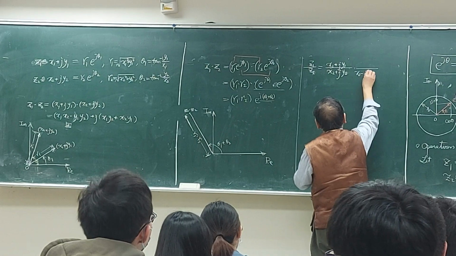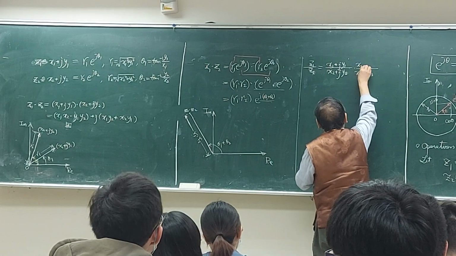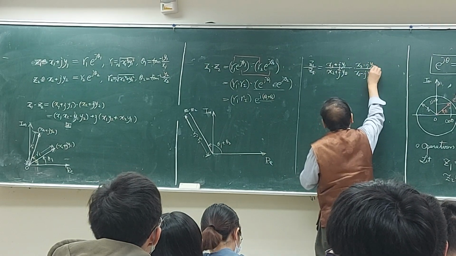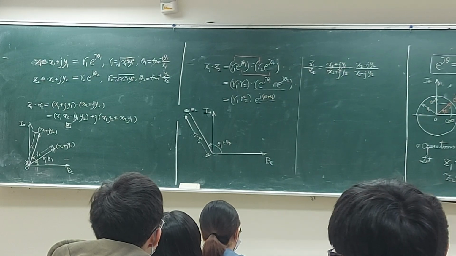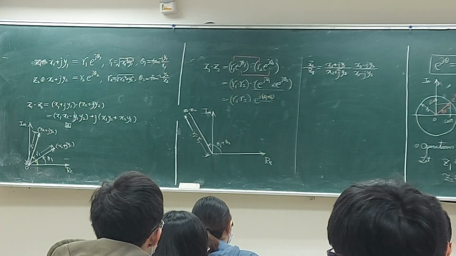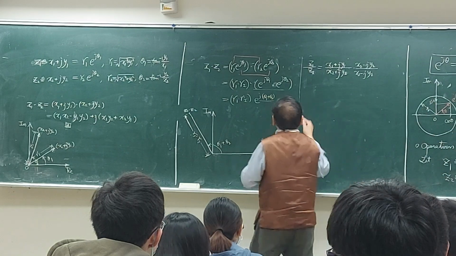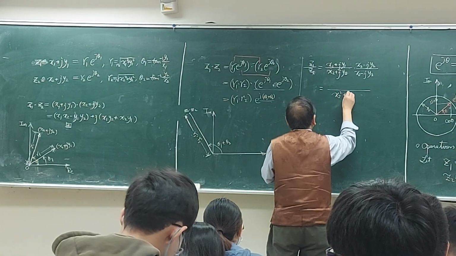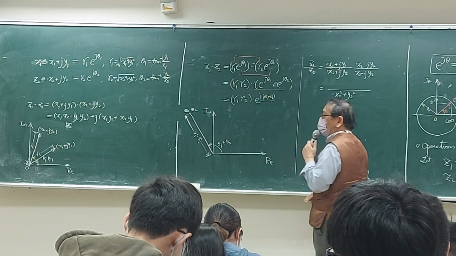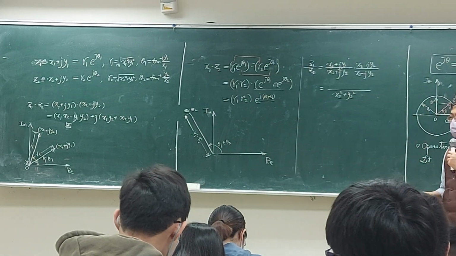X2 minus j times y2, right? In order to make the denominator a real number. That's the way we learned in high school, right? So this becomes x2 squared plus y2 squared in the denominator.